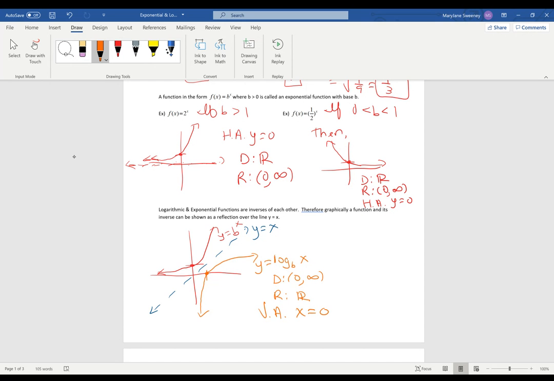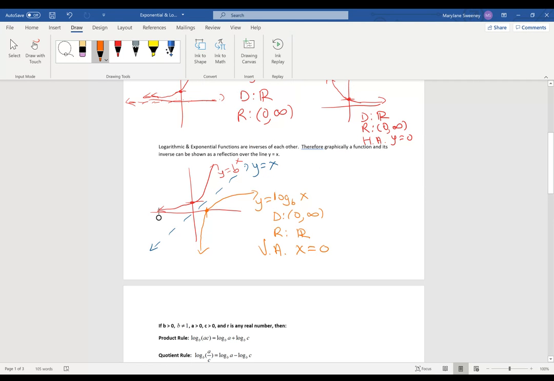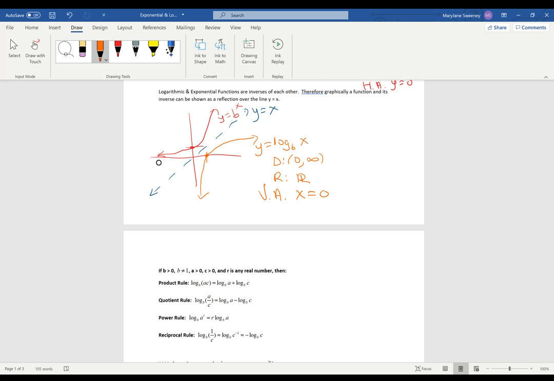So it makes sense that the domain of an exponential is then the range of the inverse, and the range of the exponential is the domain of the inverse. And instead of a horizontal asymptote, we have a vertical asymptote. So a log graph, just to be clear, there's a vertical asymptote at x equals 0. And then, it's kind of looking like this. That's your log graph.